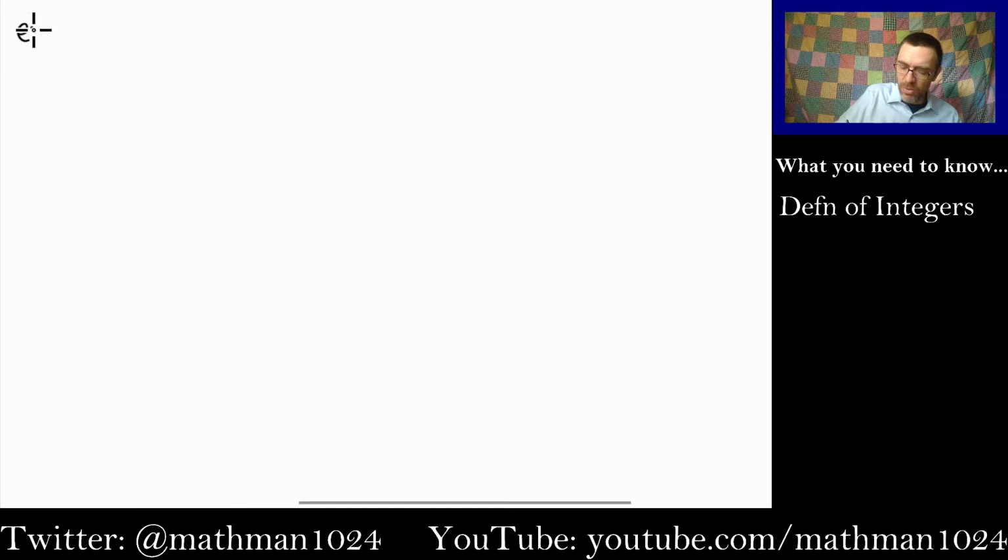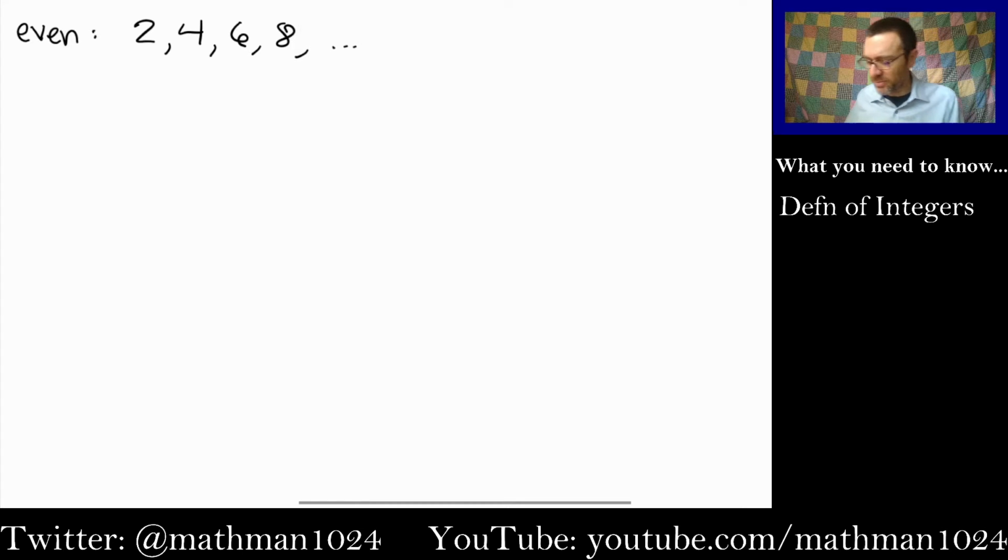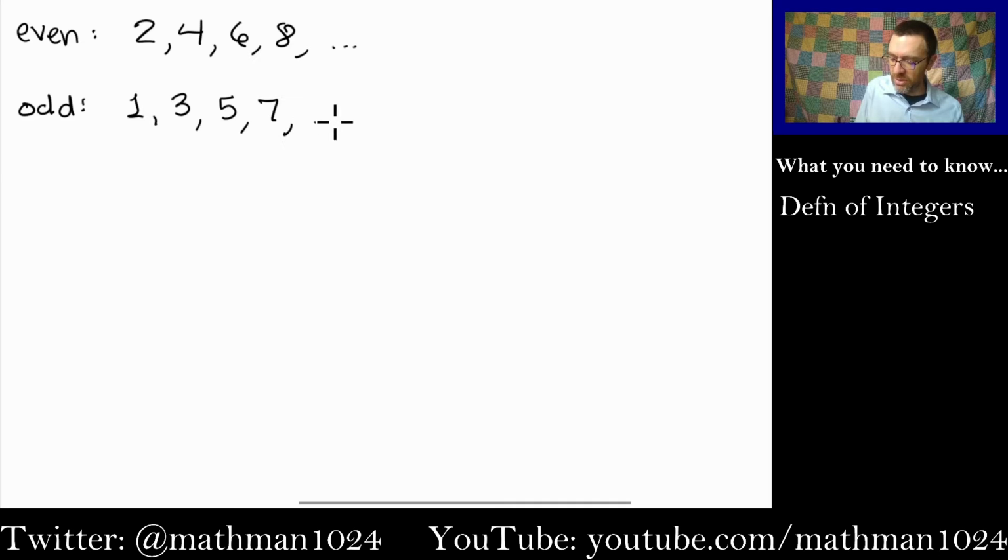So think about what your even numbers are, right? If I were to ask you even numbers, you would probably say, oh, 2, 4, 6, 8, and so on. And if I asked you what are odd numbers? Well, you might say 1, 3, 5, 7, and so on, right?